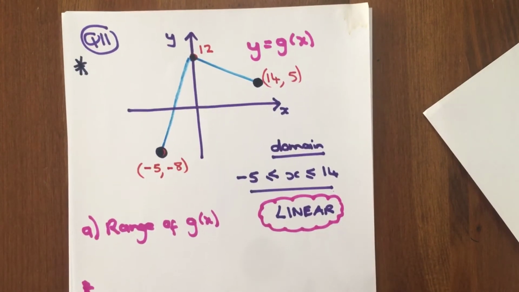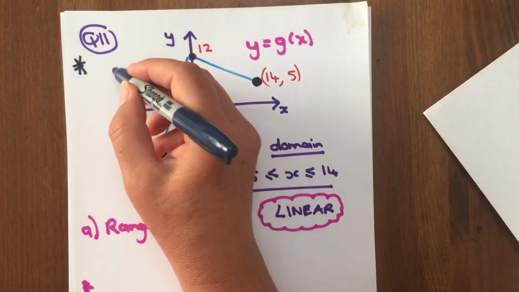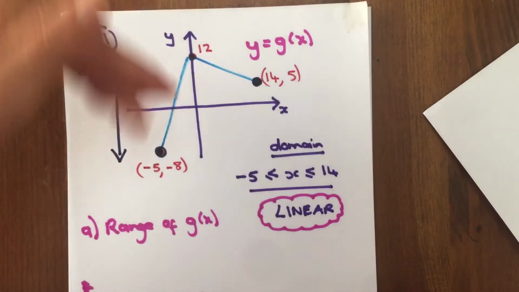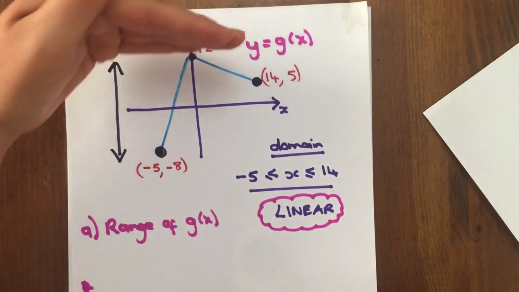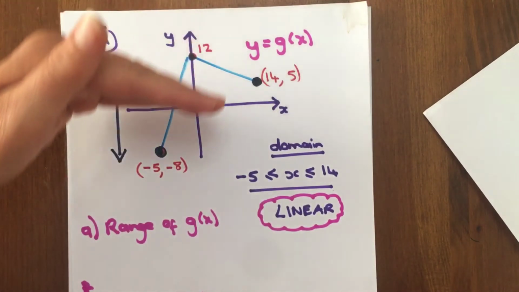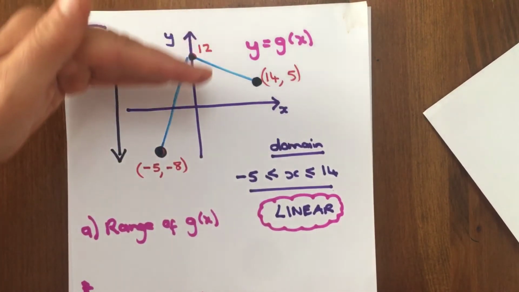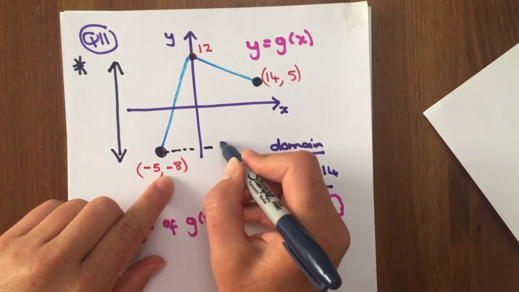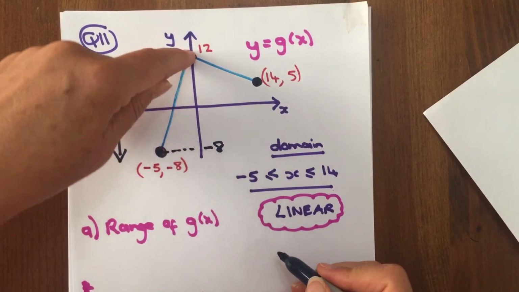Okay, the range. So the range is all my values of g of x from the bottom to the top. Well, g of x takes in all the values from -8, it starts at -8 and goes all the way up to 12.